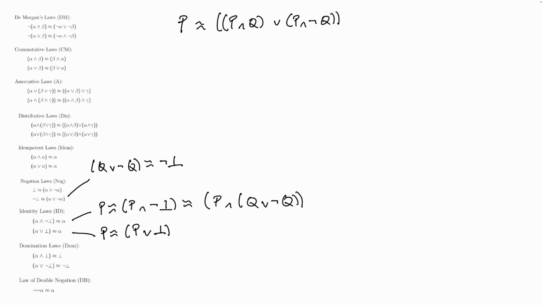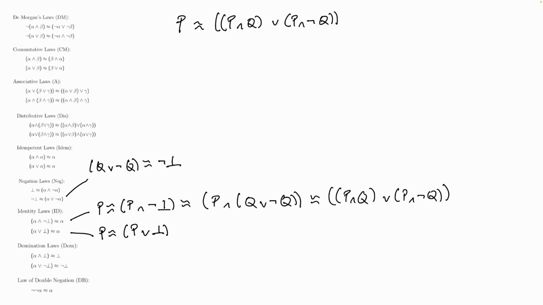So if we have a conjunction where the second conjunct is itself a disjunction, which is what we have with the formula P and Q or not Q, we can take the first conjunct and conjoin it with each of the disjuncts that make up the second conjunct, and then put a disjunction sign in between the two resulting conjunctions. So with P and Q or not Q, we can conjoin P with Q and conjoin P with not Q, and then put a disjunction sign between those two conjunctions. And that gives us P and Q or P and not Q.